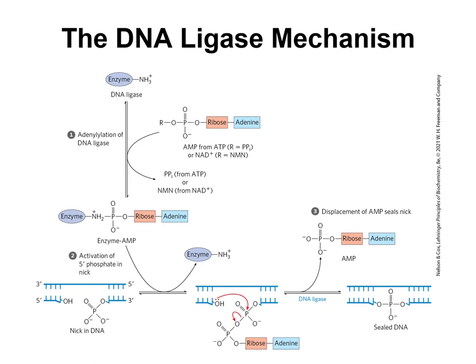So we've got this nick that we need to repair. You activate it, and then you can actually have an attack that is very similar to the reaction that DNA polymerases use. And that seals the deal.